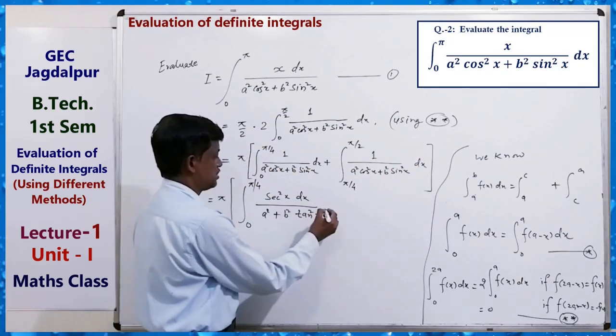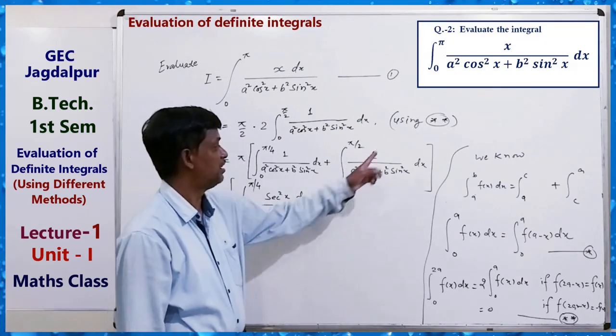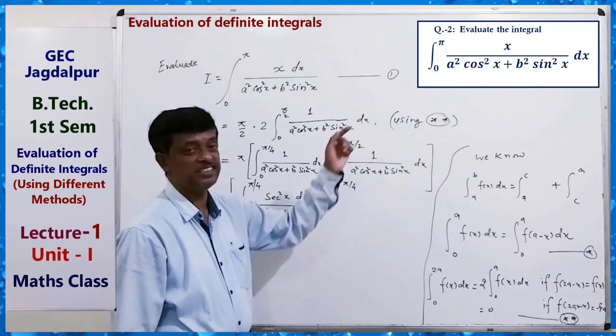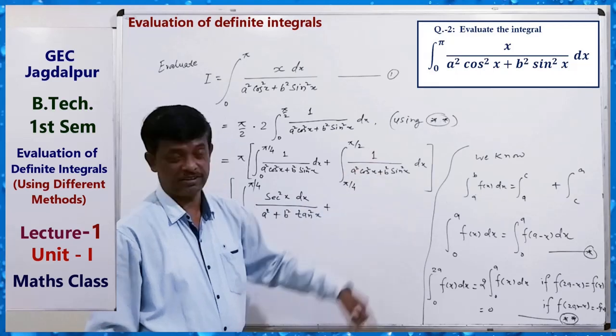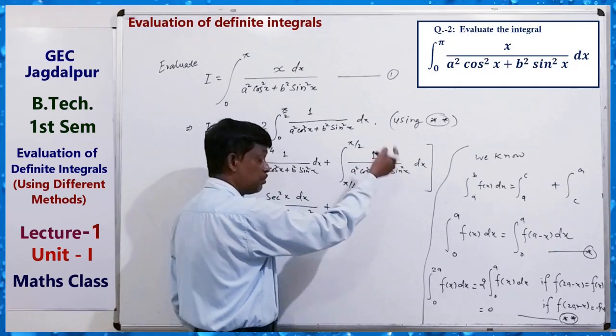Okay? Here, divide the numerator and denominator by sin square, because for finding the limit at this point tan will give infinity, so here we can change it into cot. So divide the numerator and denominator by sin square.